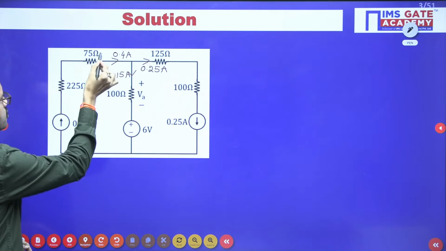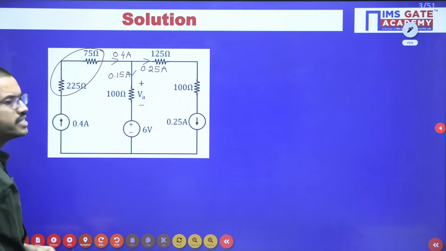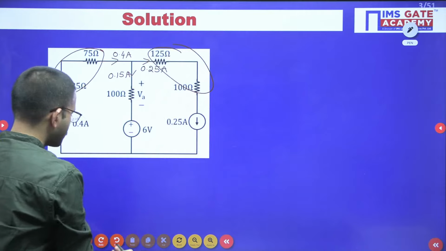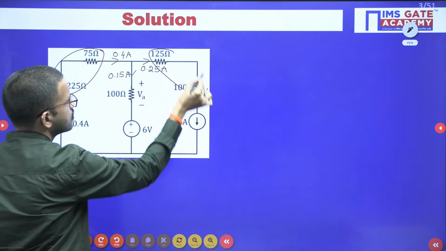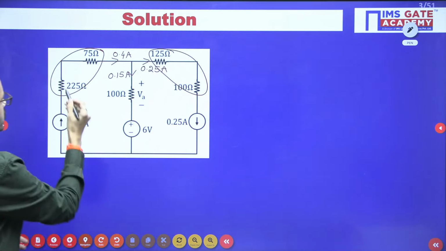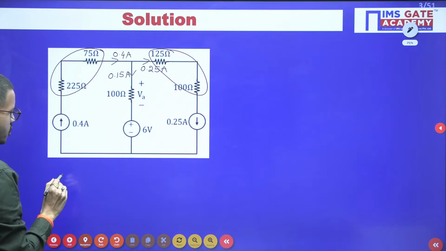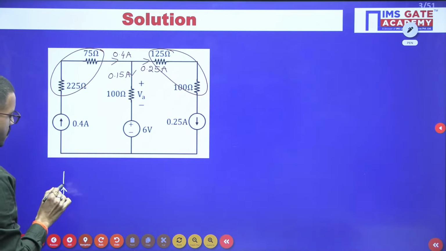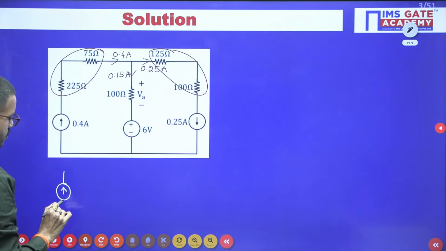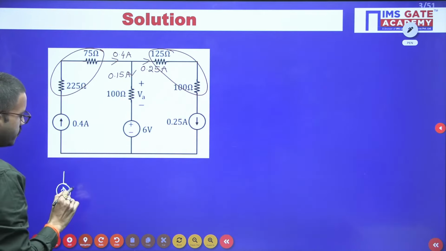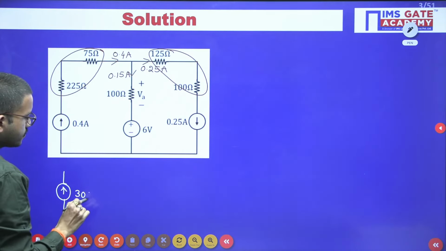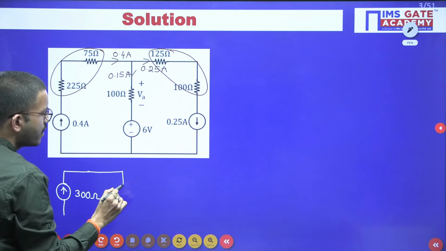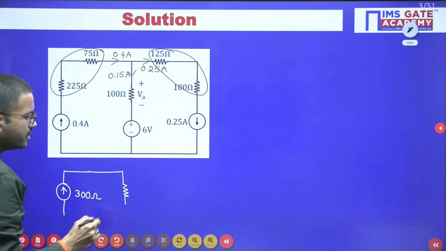Here, if you observe these 2 resistors, they are connected in series. Similarly, these 2 resistors are connected in series. So here 225 plus 75. How much are you going to get? I am just representing the equivalent circuit here. 225 plus 75, that is 300 ohm. Then here you are having one resistor and then a voltage source.